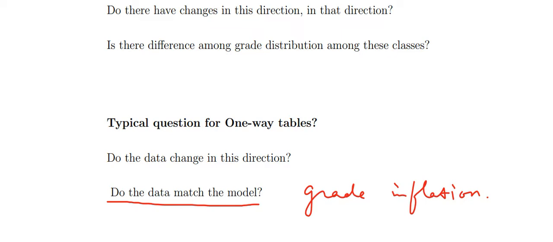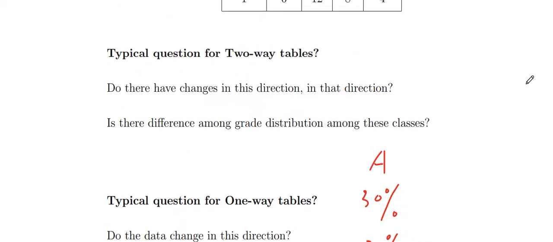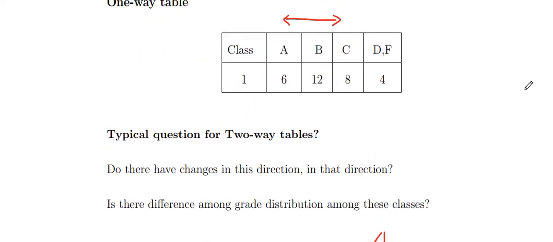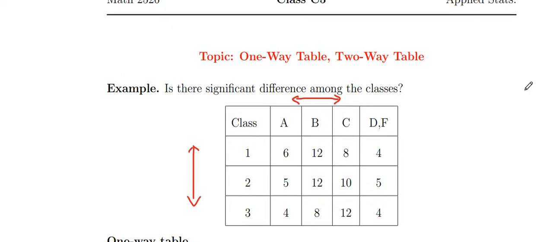For example, for our class getting grade A is 30%, but for other classes it is only 20%. This means that the chance of getting A is too high, maybe not matching the model, or maybe we have grade inflation. So such a problem is a one-way table or two-way table problem. This is today's topic: one-way tables and two-way tables.